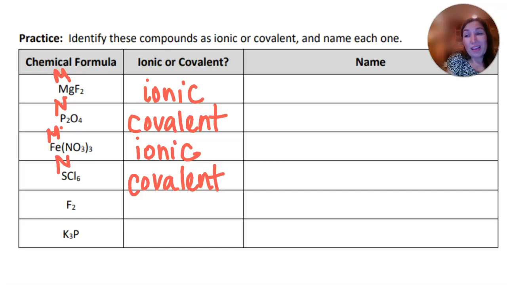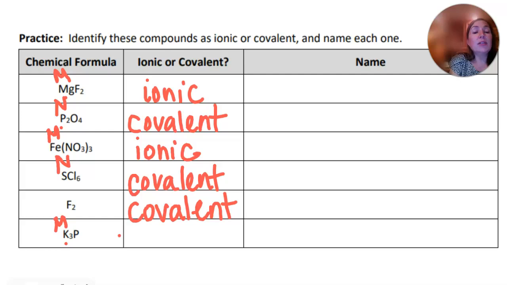Well, F itself is a nonmetal, so F bonded to another F by covalent bonds, just like H is bonded to H to make diatomic hydrogen with covalent bonds. K3P. K, or potassium, is a metal, so that's ionic. I could have put an N for nonmetal too. Fluorine's a nonmetal.